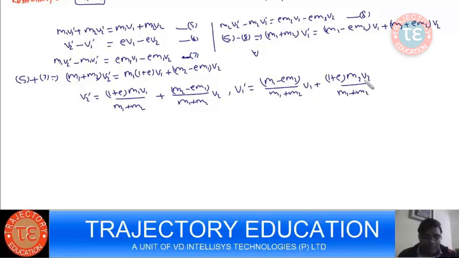So v1' is (m1 minus e m2) v1 plus (1 plus e) m2 v2 over (m1 plus m2). So that's your v1' and v2'.